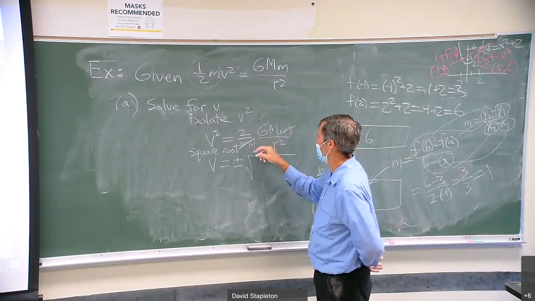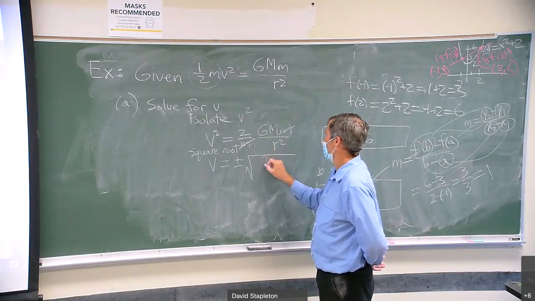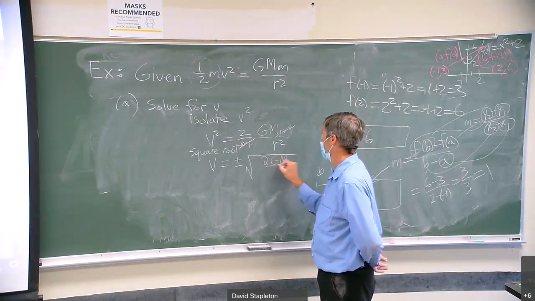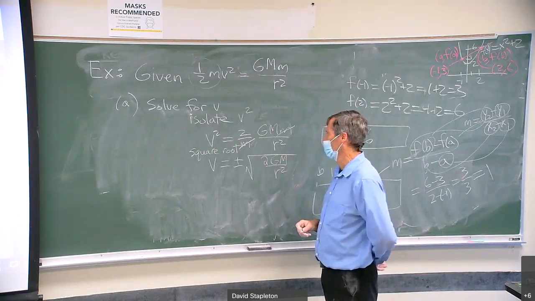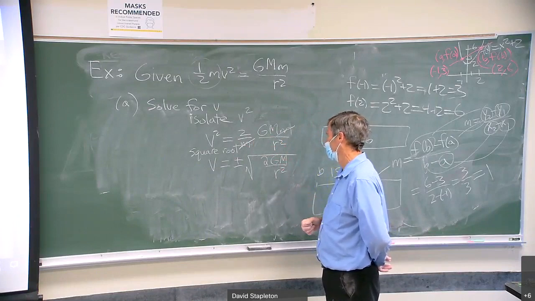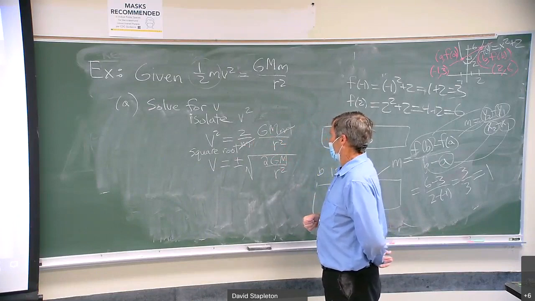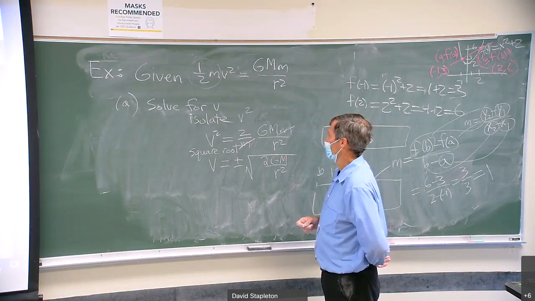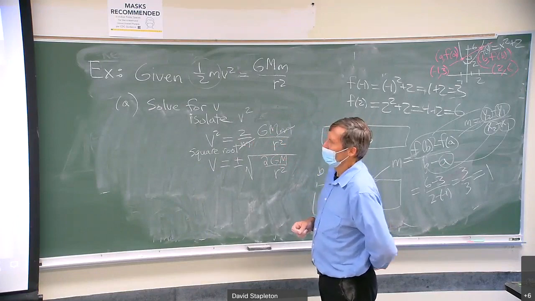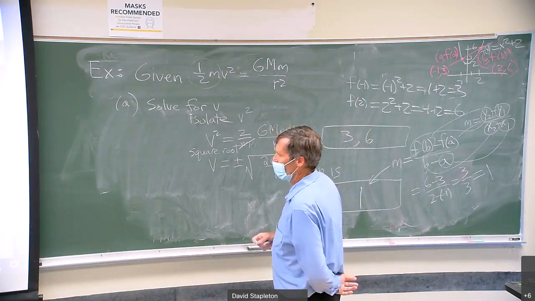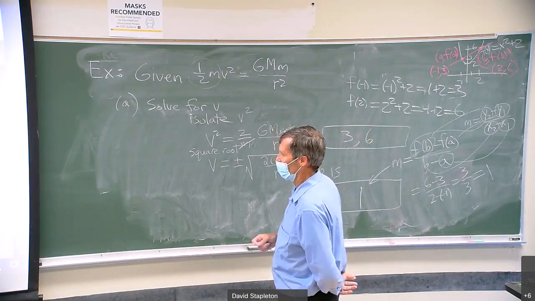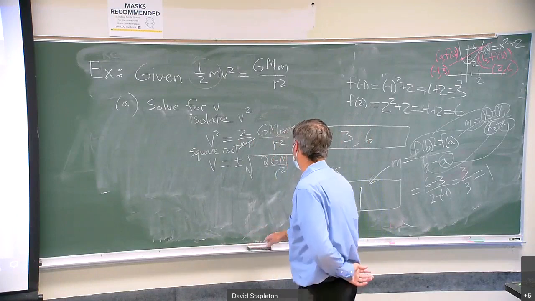Think of this as m times 1. So 2GM over r squared. So when you see this in your homework, this is what you do. Now, this can be simplified, and I neglected to check whether they try and simplify this.